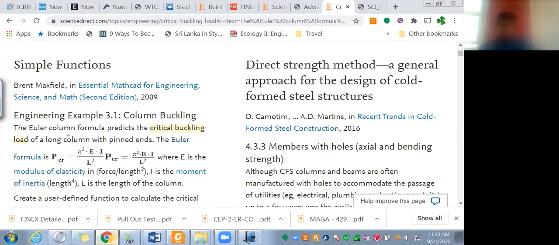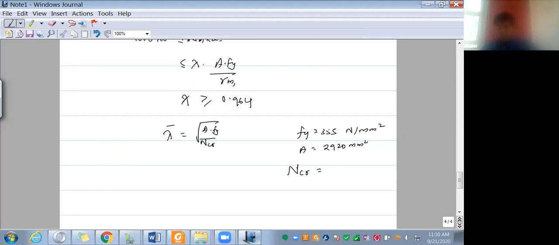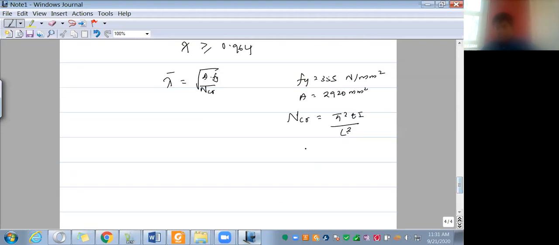This is the critical buckling load, NCR or PCR, that is pi squared EI over L squared. You might remember that, pi squared EI over L squared. So NCR is pi squared EI over L squared, and L is LE.